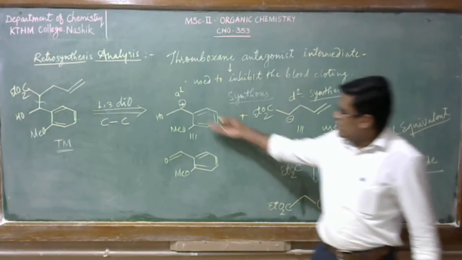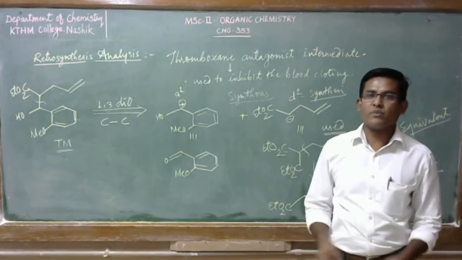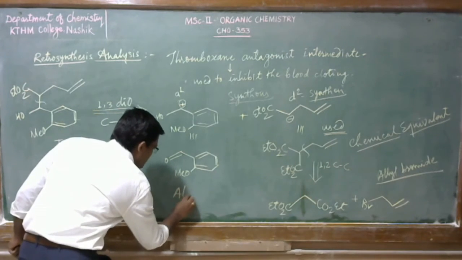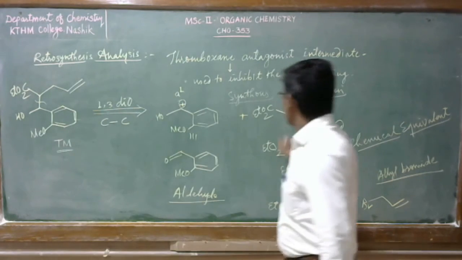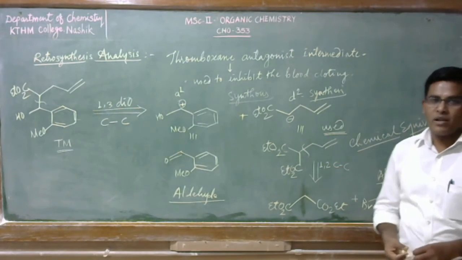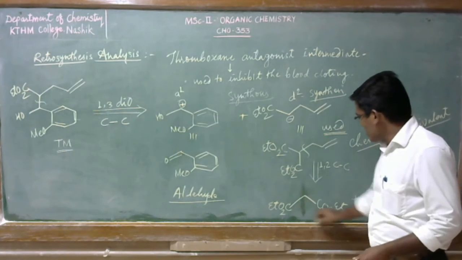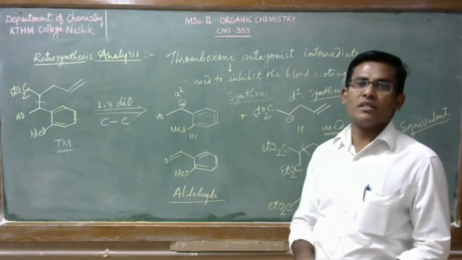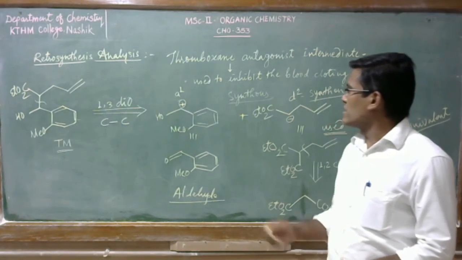This A1 synthon can be translated to its corresponding carbonyl compound, that is the aldehyde, and this D2 synthon can be translated to its diethyl malonate derivative. Further it can be disconnected to diethyl malonate as a starting material and this allyl bromide. So this is how we can do the retrosynthetic analysis for this thromboxane antagonist intermediate.